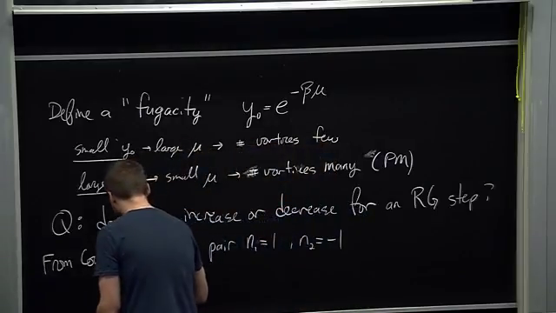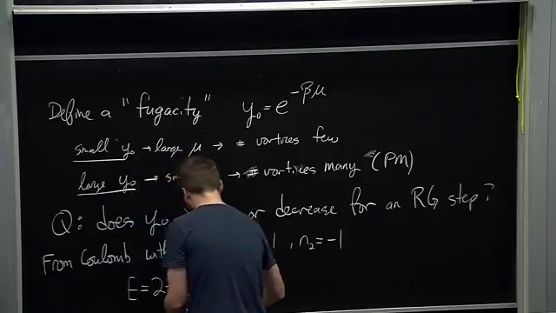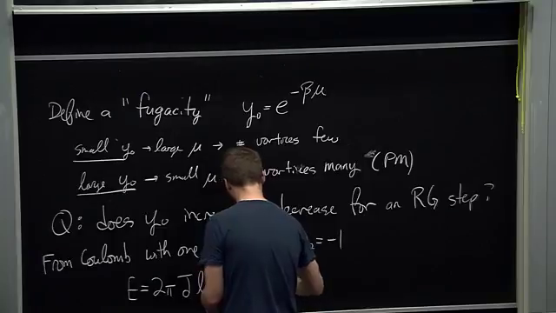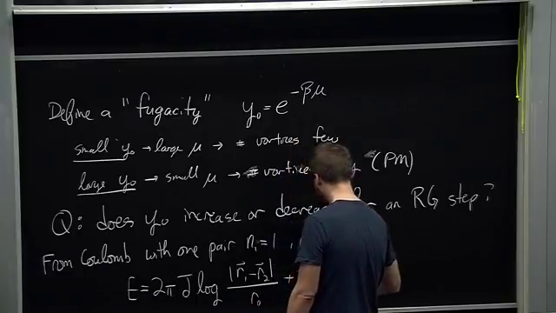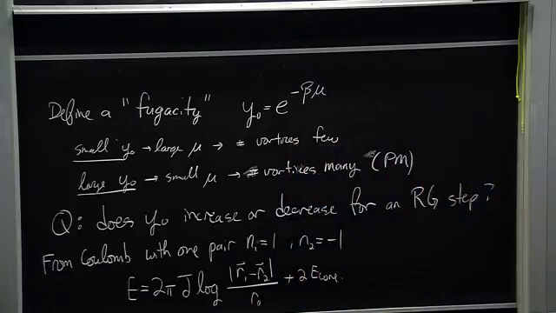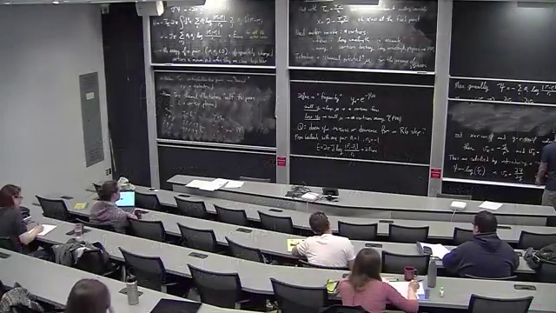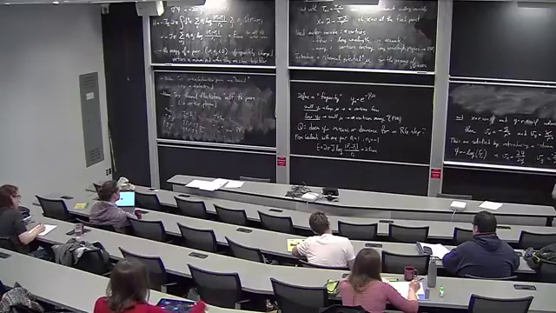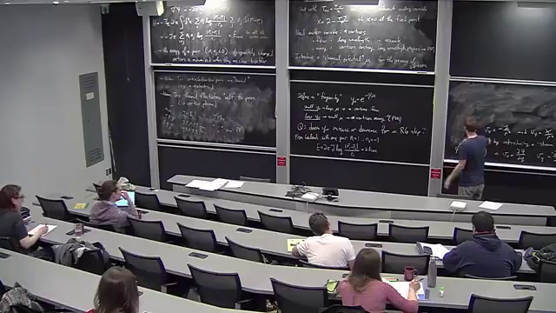So my energy is logarithmic in their separation, plus 2 cores. I'm imagining a grand canonical ensemble of vortices. Why not?